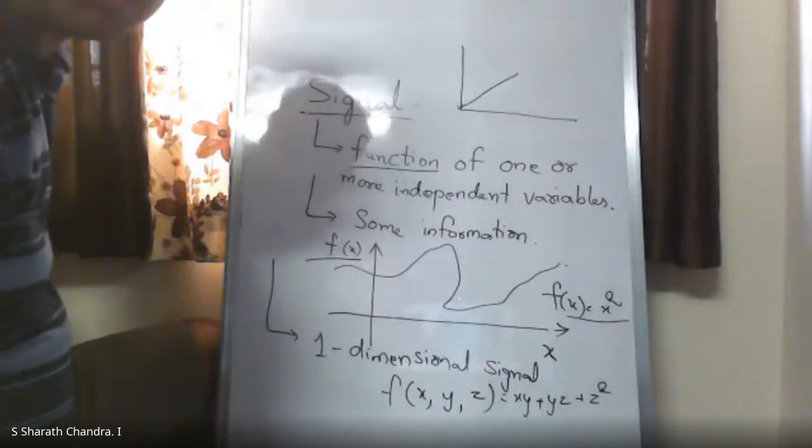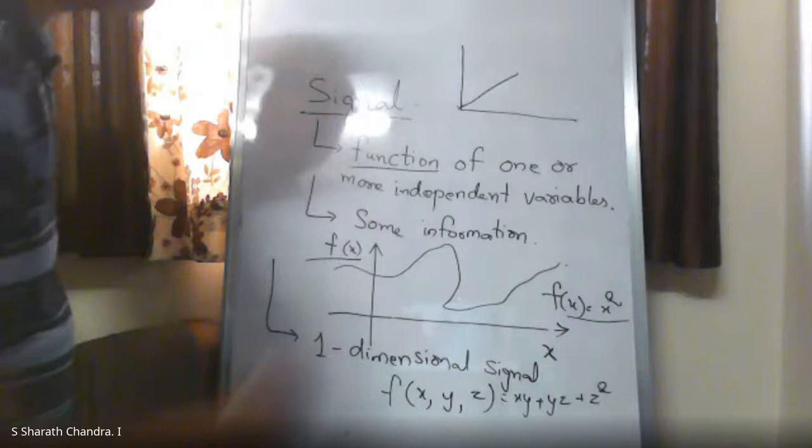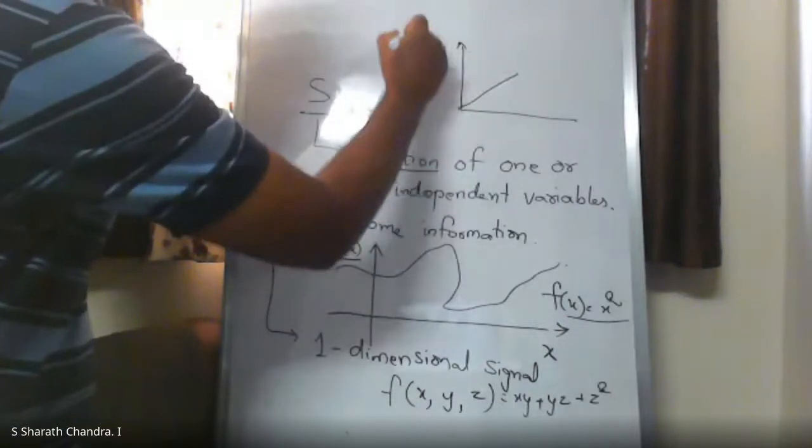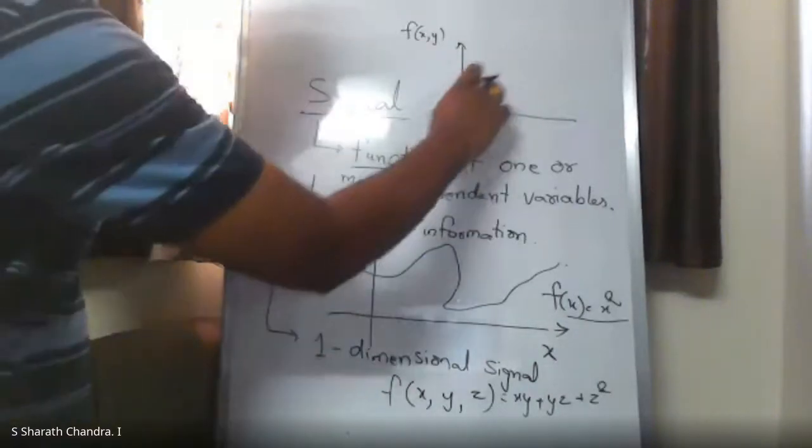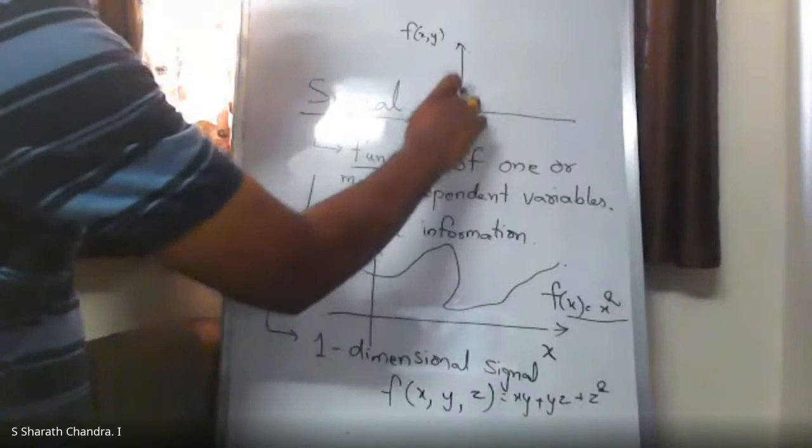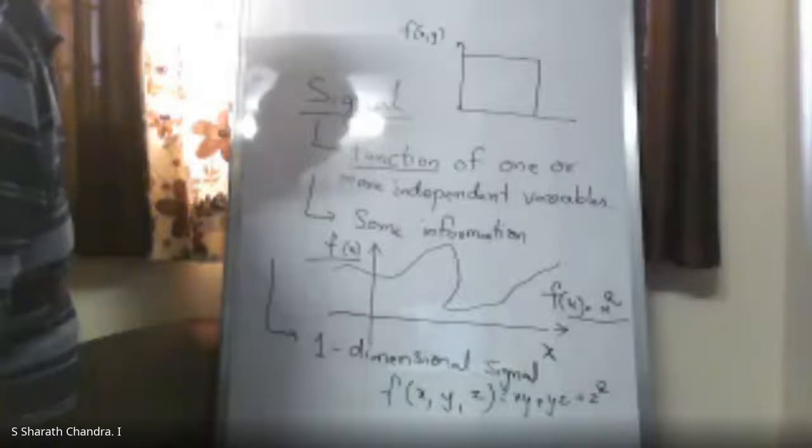The function f depends upon x comma y. I'll try to show you: the picture is placed on a coordinate axis which has two variables, where it is continuously changing with respect to x and y.